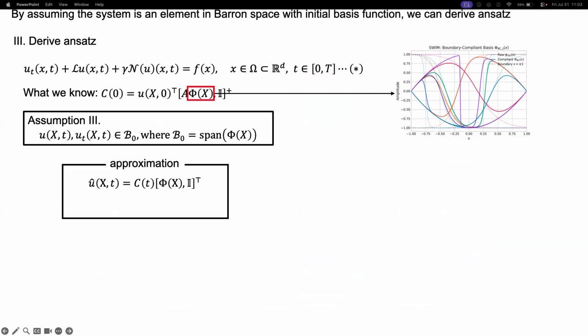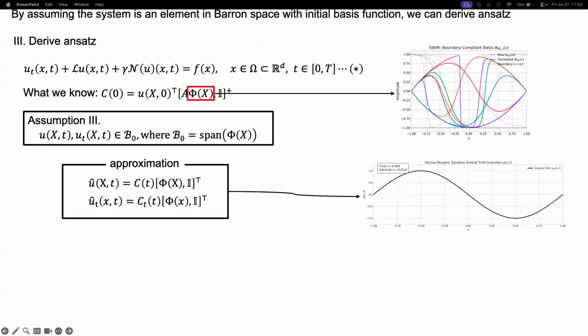So now we can approximate this true function u by u hat, which looks like this. So basis function and the coefficient. This means that we are going to approximate this kind of function while using the same basis function that is sampled from the initial condition, but only the coefficient. Their evolution is the key method to approximate the dynamical system.